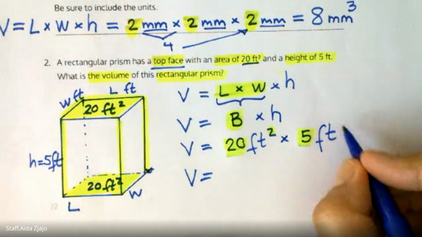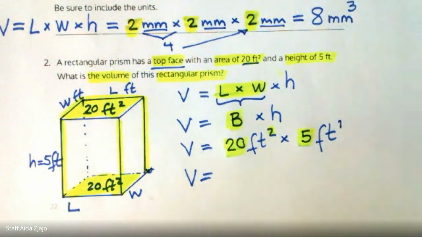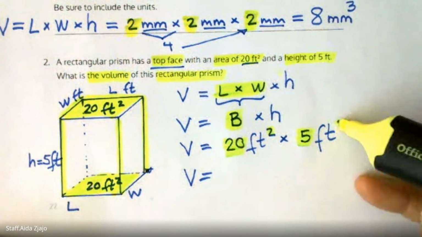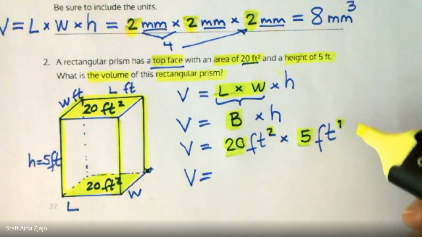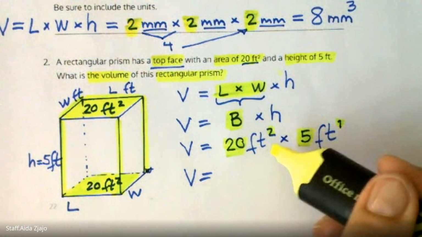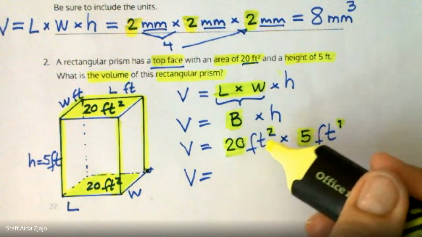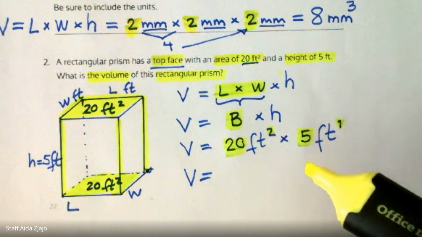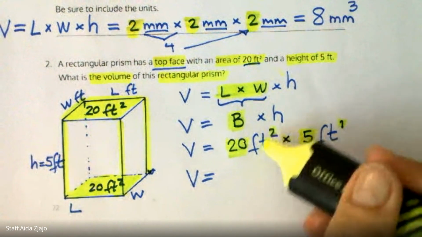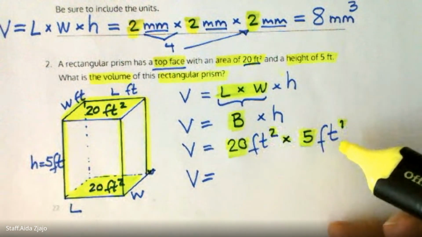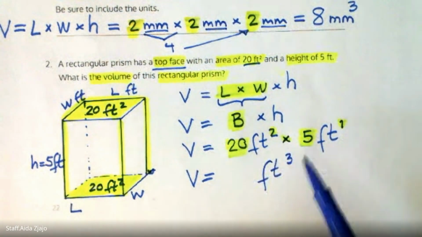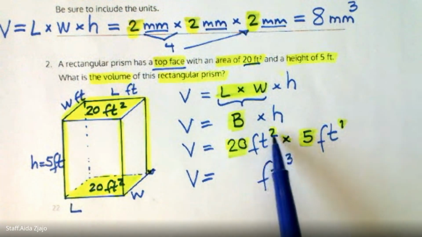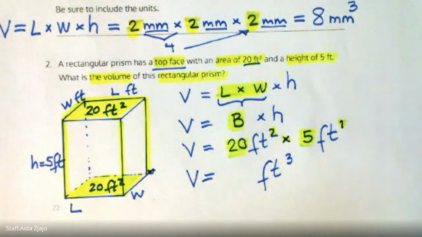Imagine this is feet on the power of 1. Sometimes this can help. When you have feet times feet, you have square feet, or feet on a power of 2. When you multiply feet squared and feet on a power of 1, you get feet on a power of 3, or cubic feet. What that means, 2 plus 1 makes 3, correct? So this is cubic feet.